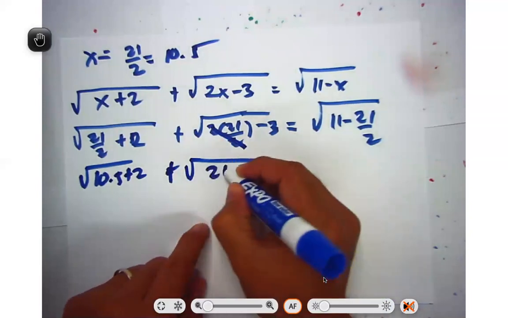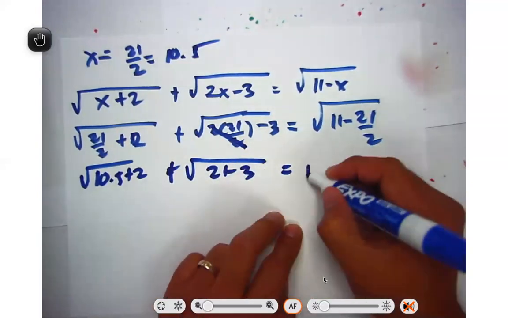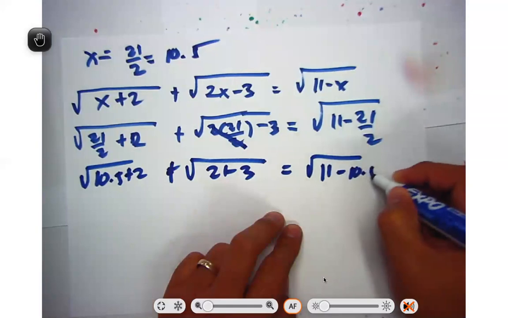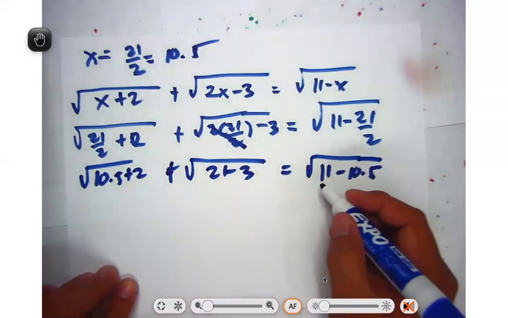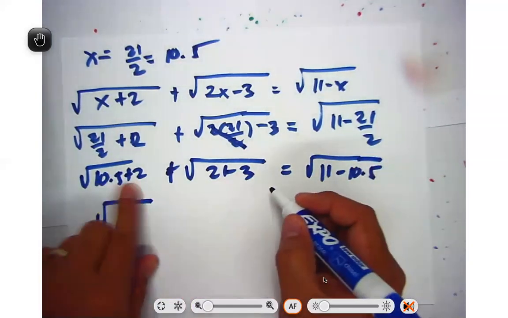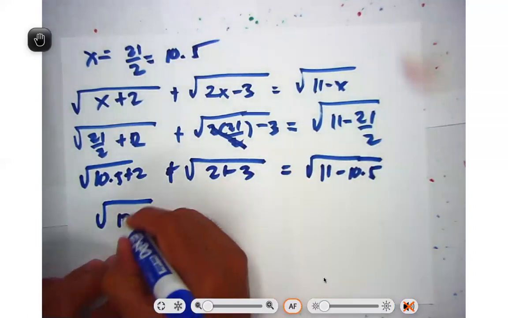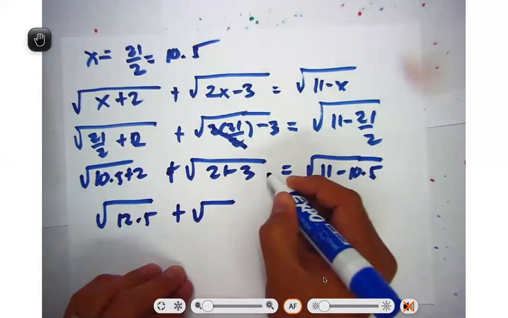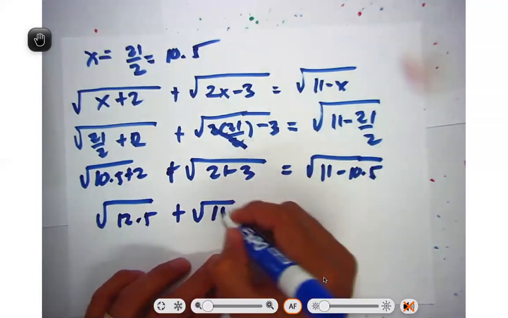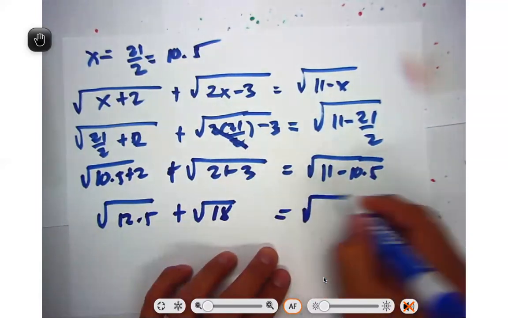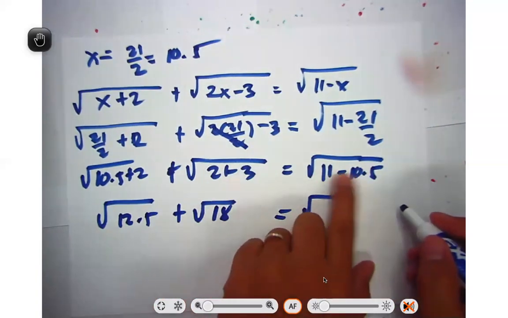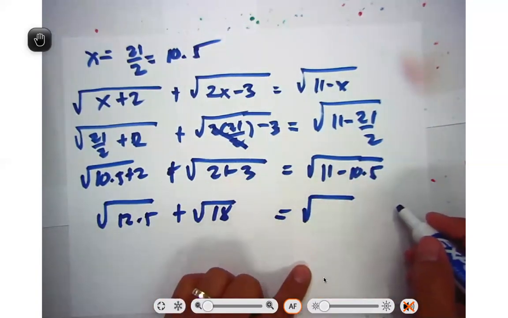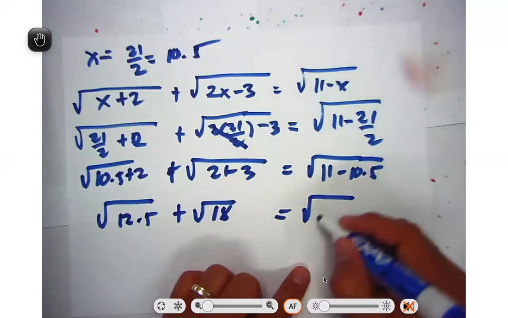It's going to be 21 minus 3. 11 minus 10.5. All right, 10.5 plus 2. Square root of 12.5. Square root of 21 minus 3. 18. And then 11 minus 10.5 is 0.5.